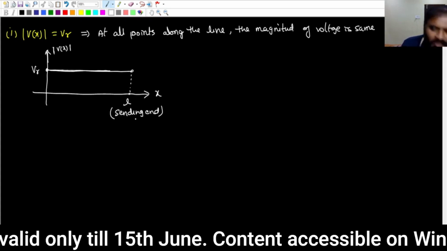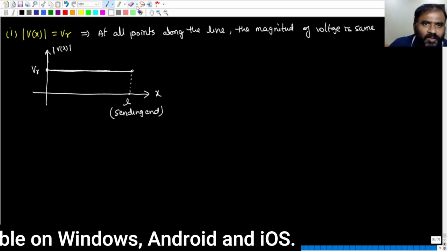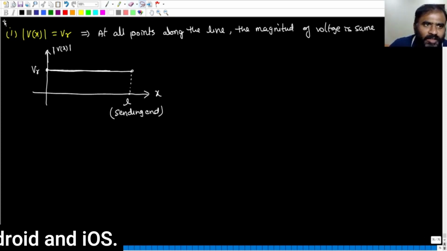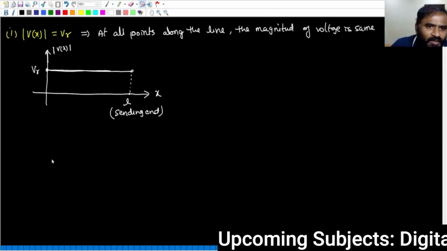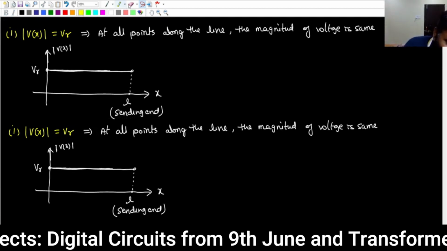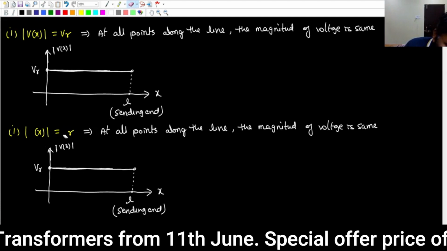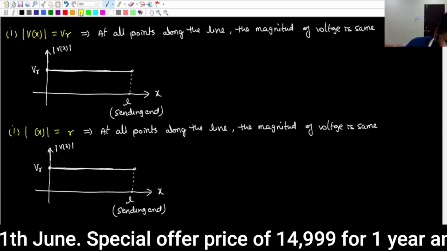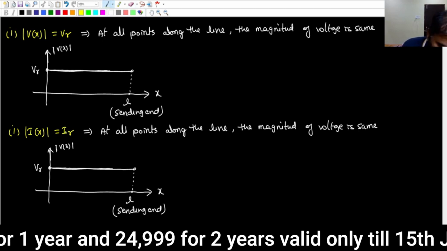At all the points, the voltage magnitude is the same. Now similarly, we can copy this for current also. You can replace V with I. Now tell me, at all points along the line, what about the magnitude of the current? Same or not same? Yes, it is same. Correct or not?